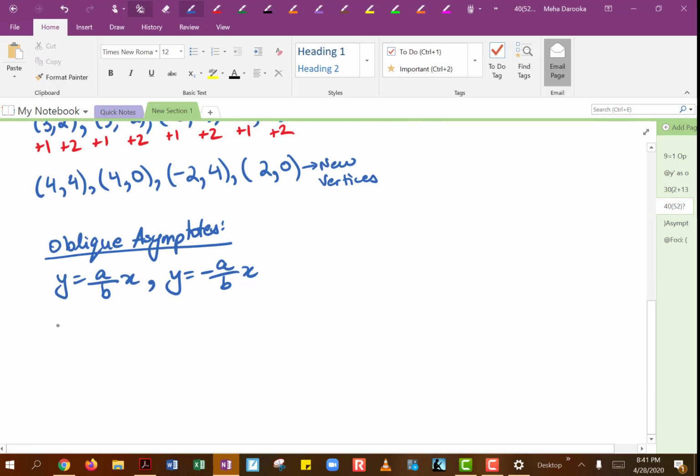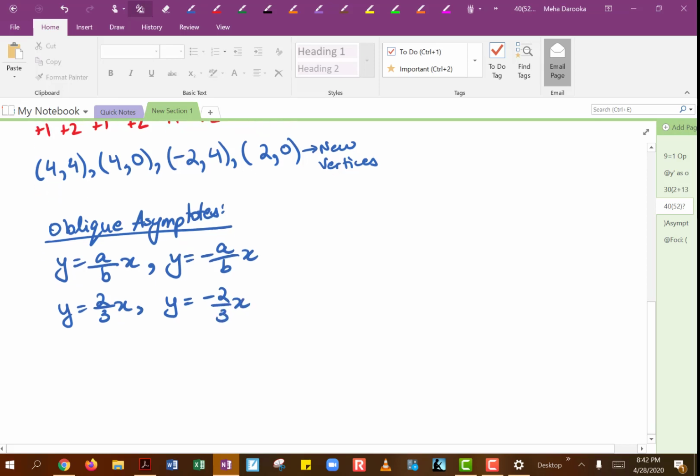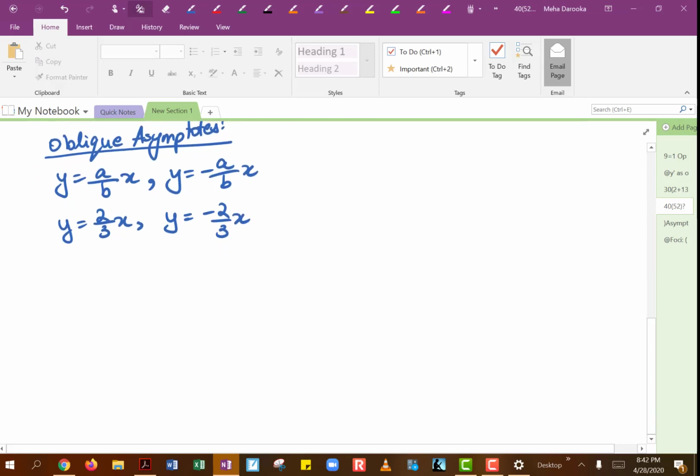So positive 2 over 3 x and negative 2 over 3 x. So of course we need to talk about what the equations will be when we are moving the center from (0, 0) to (1, 2), right? So again, that means we would use the slope as positive and negative 2/3, and our point would be (1, 2), which is the center.